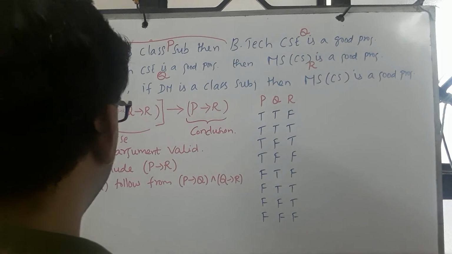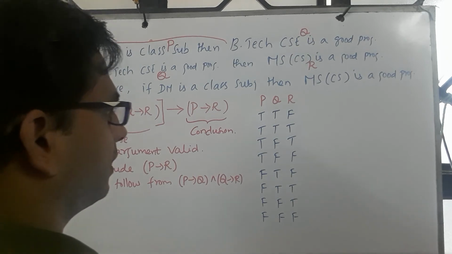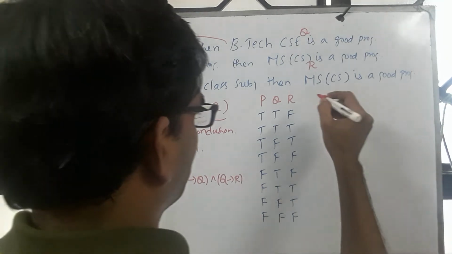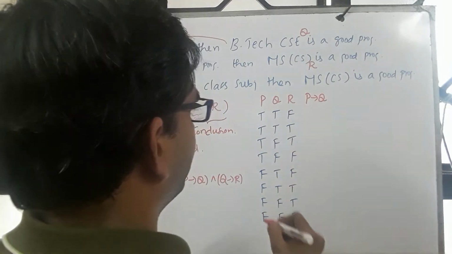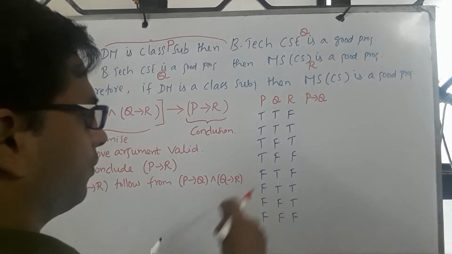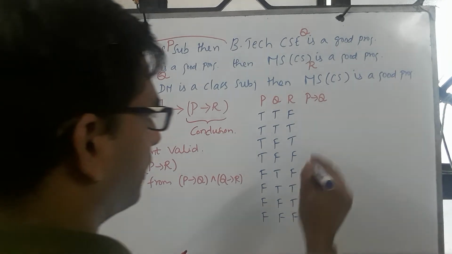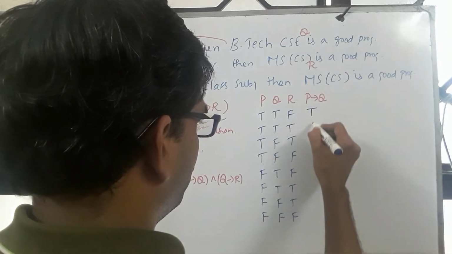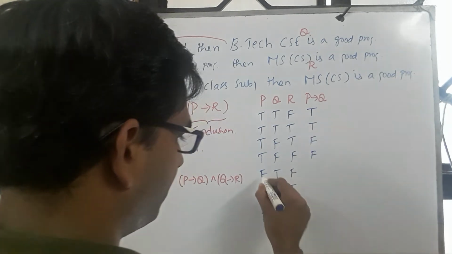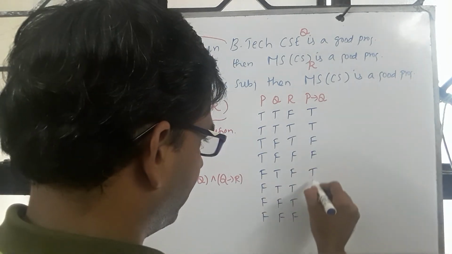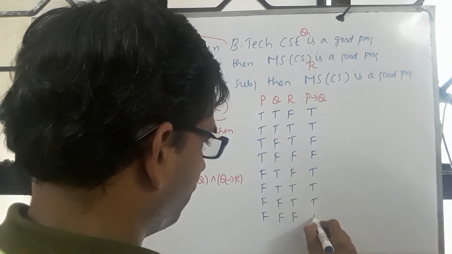Now let's check whether the expression is true. We need to look at P imply Q. True, true is true, true, false is false. Now when the premise is false, you can straight away write true everywhere.